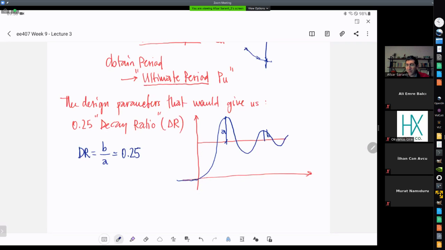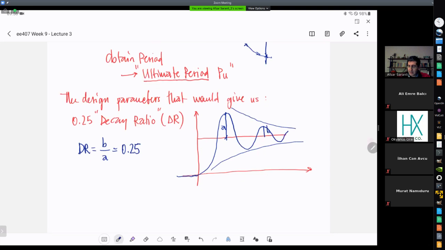So you have 1/4 of the initial overshoot at your second overshoot. Okay. So that's going to give us a design for Kc, tau I, and tau D, and will actually give us all three kinds of controllers except the PD controller.